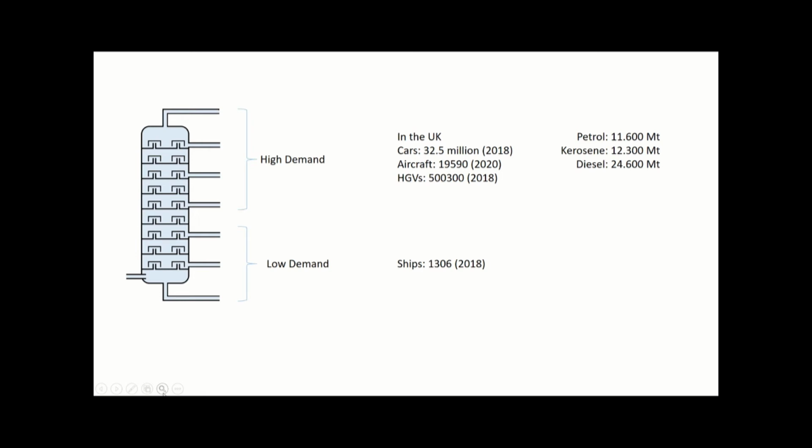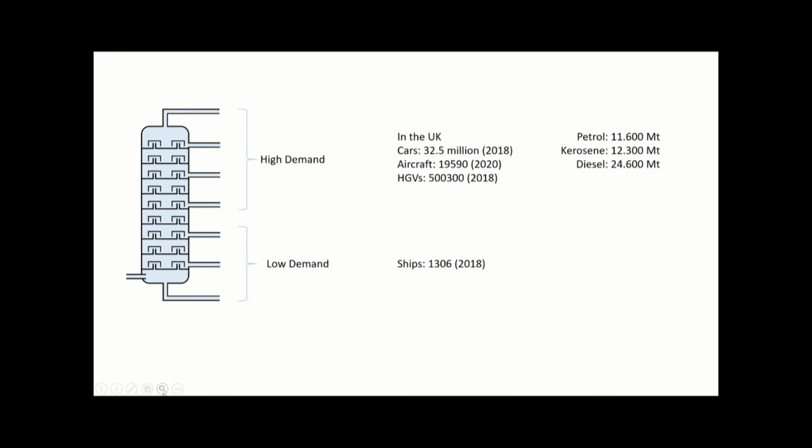So you can see that that's huge amounts of the fractions in the high demand part of our column at the top. They burn well, they're flammable, they produce plenty of energy when they burn, but they're also volatile, so they're easy to evaporate, easy to burn, easy to get combusted.